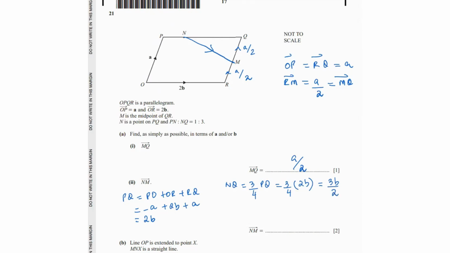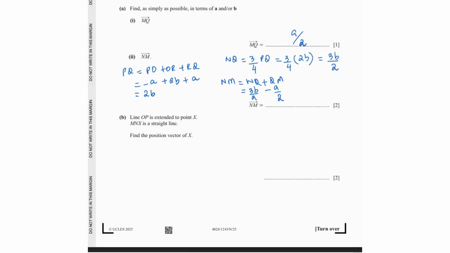So that's 3 over 2 times B. So NM is going to be NQ plus QM: 3 over 2 times B plus A over 2. That is your vector NM. Minus A over 2, because MQ is positive A over 2, so QM is going to be negative because we change the direction.